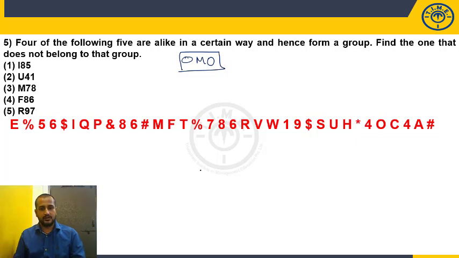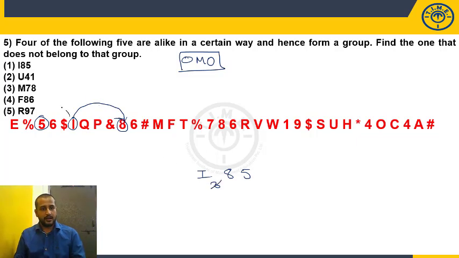What is the first one? I, 8, 5. So within this sequence, identify the logic between I, 8, 5. I is here, 8 is here, 5 is here. Now identify the logic. I to 8, how many elements are missing? 3 elements are missing, in the forward direction.